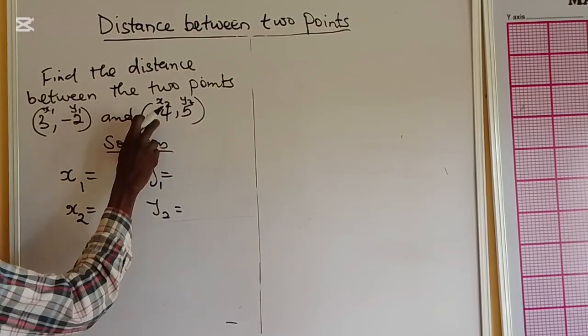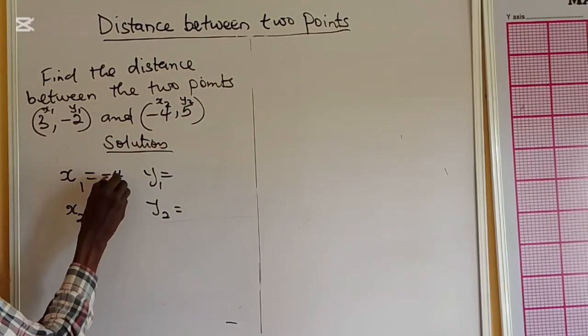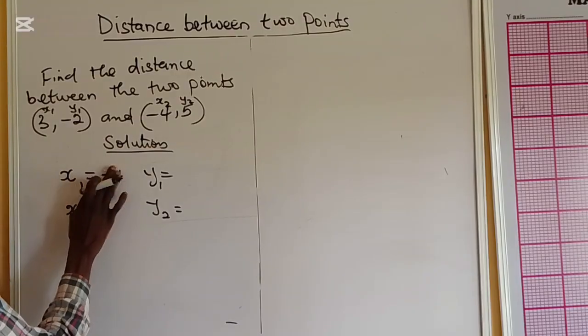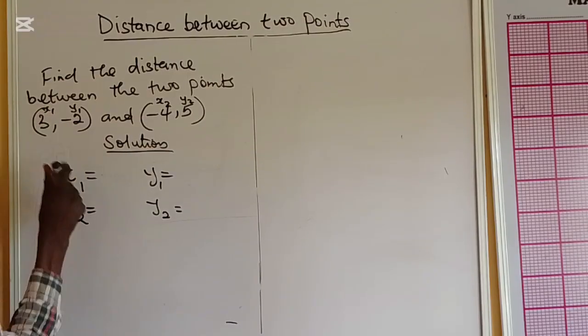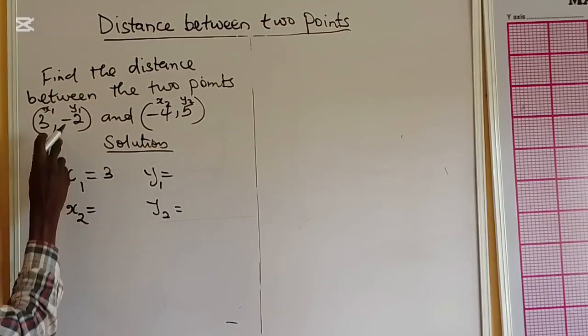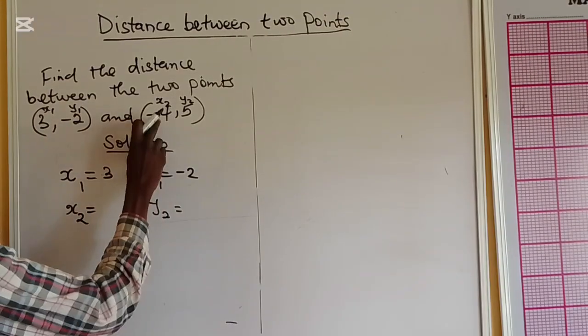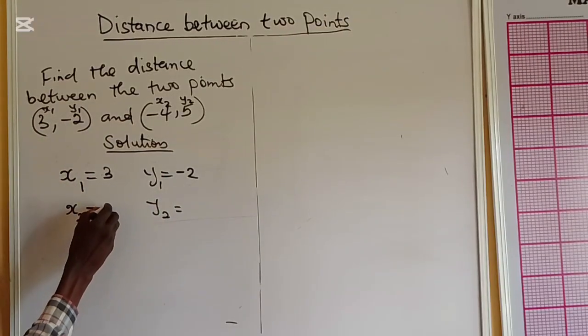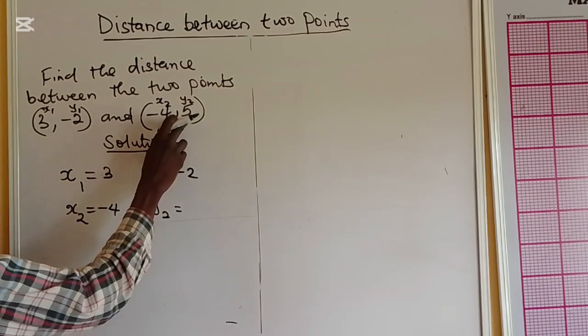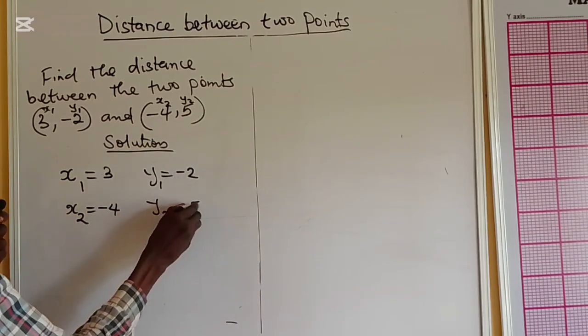What is x1 there? It is 3. What is y1 there? It is minus 2. What is x2 there? It is minus 4. What is y2 there? It is 5.